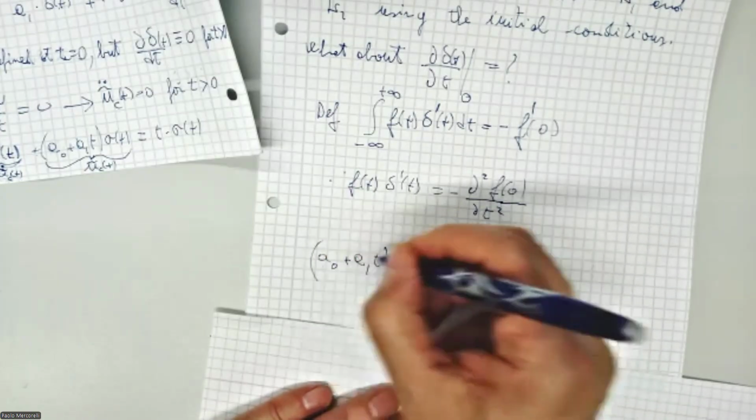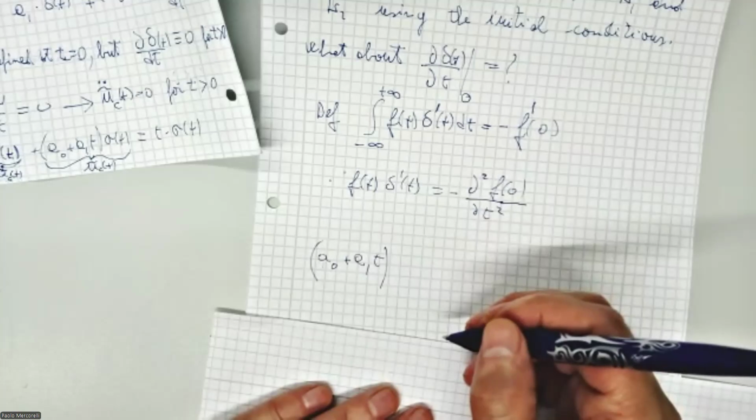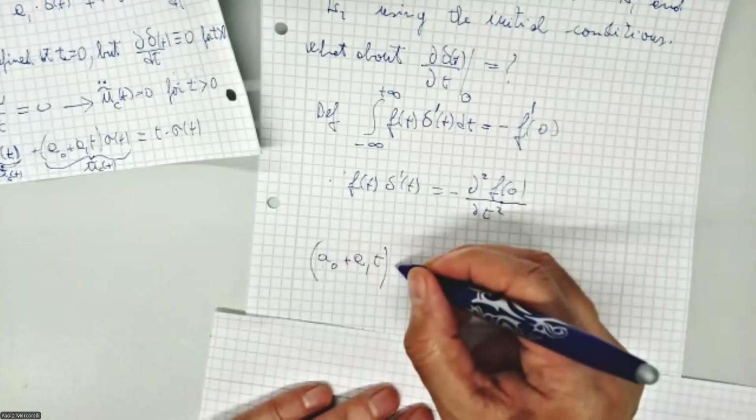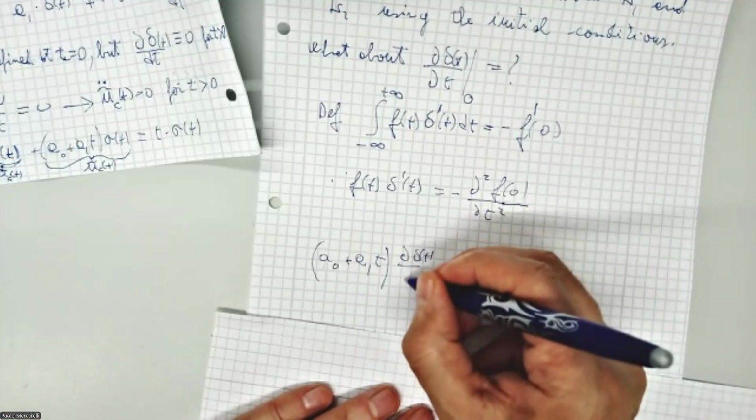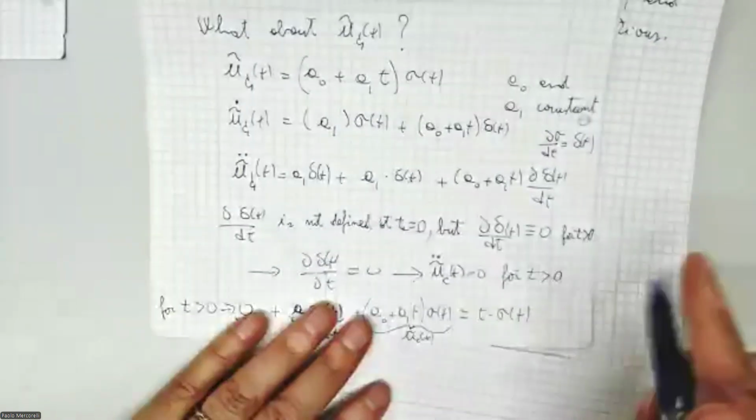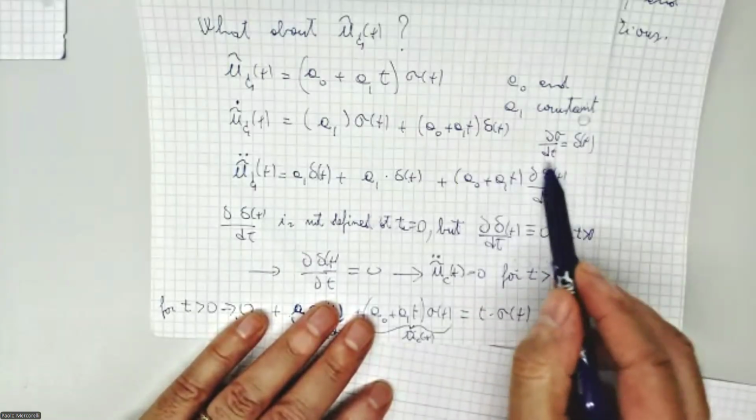In our case, this is our f of t, multiplied by the derivative of this. This was the open problem. What happens here for t larger than 0 is clear from the definition of delta.